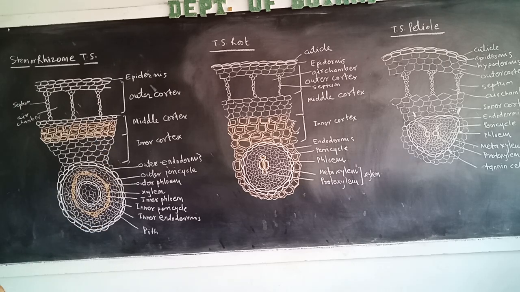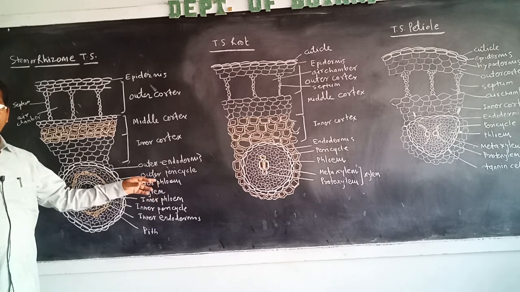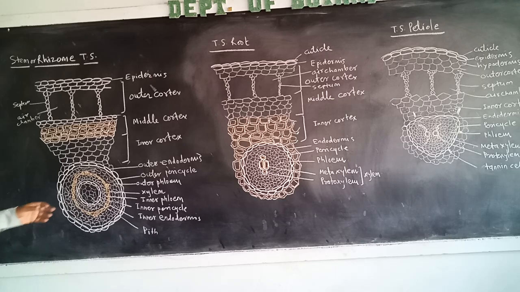The innermost layer is the endodermis. In the case of rhizome or stem, the endodermis is present towards the outside as well as the inner side. The outer endodermis is followed by the outer pericycle. Below the outer pericycle is the outer phloem, and after the outer phloem there is a ring of xylem.